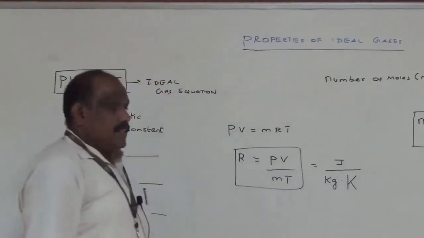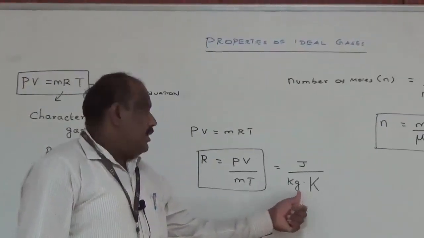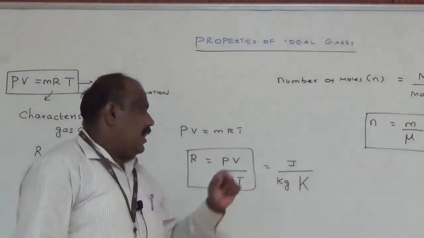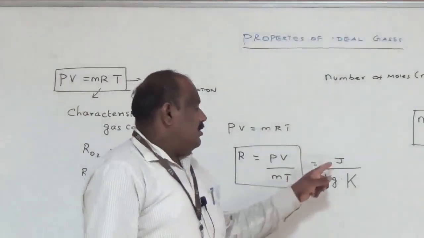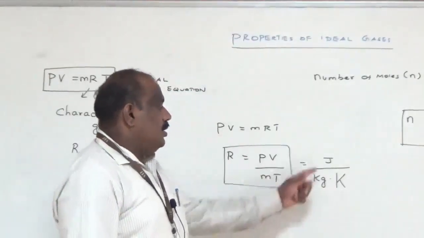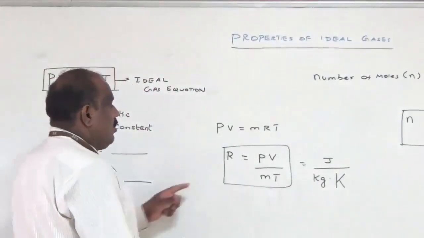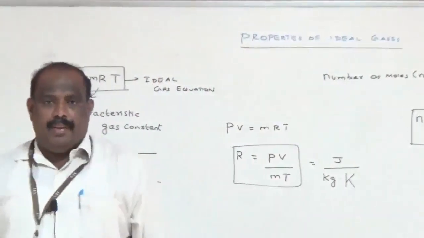A very important point is that the unit names should be written in small letters, but the J in Joule and the K in Kelvin should be capital letters, because these are the names of scientists, and hence we indicate them by capital letters. Kelvin is the name of a scientist, Joule is the name of a scientist. So the unit of R will be Joule divided by kilogram Kelvin.